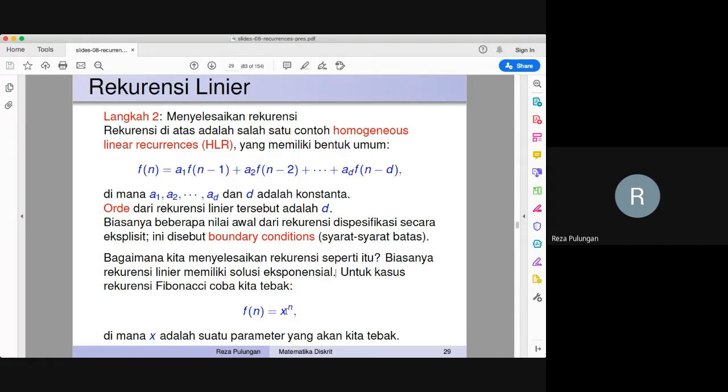What is x? I don't know. This is what we are going to find out. So we guess that the solution is always x to the power of n, but we don't know what x is yet.